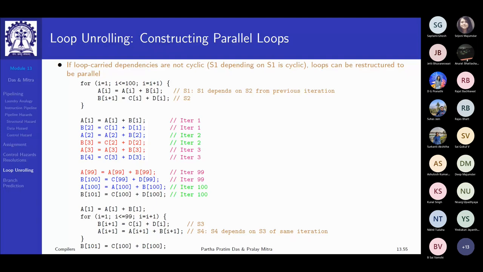So this is the first purpose of loop unrolling, which we can then use for different optimizations. Even though a loop may have loop carried dependency, by using this technique of loop unrolling, we can transform them into parallel loops, and in subsequent optimization, we can assume that the loops we deal with are significantly parallel in nature.